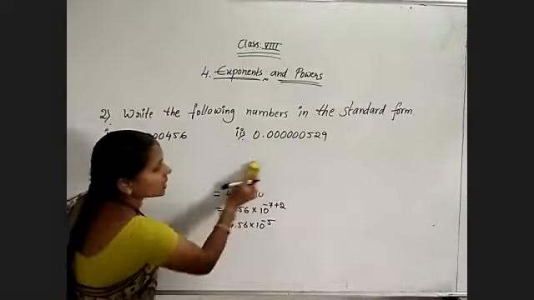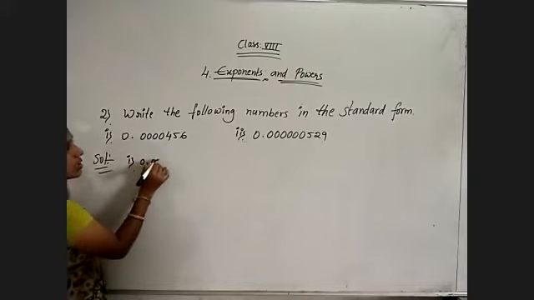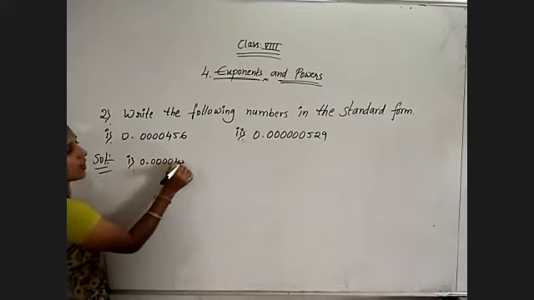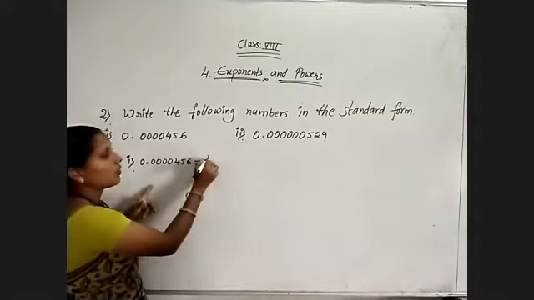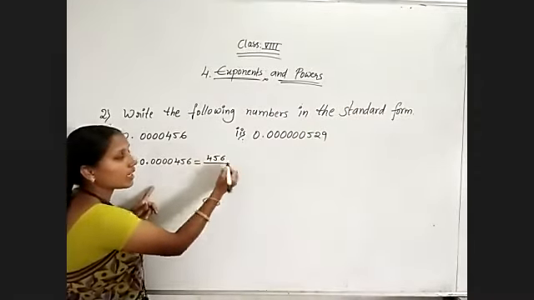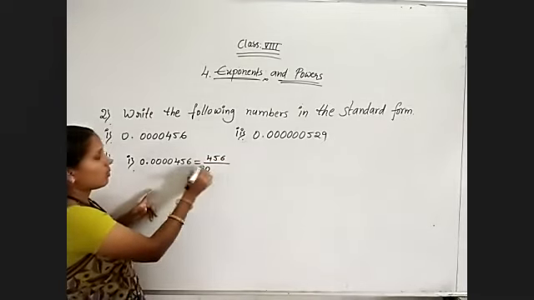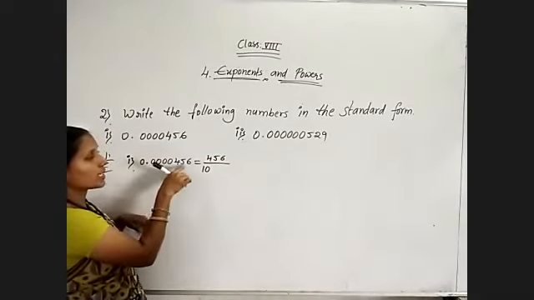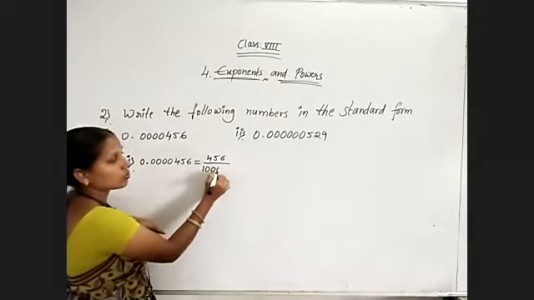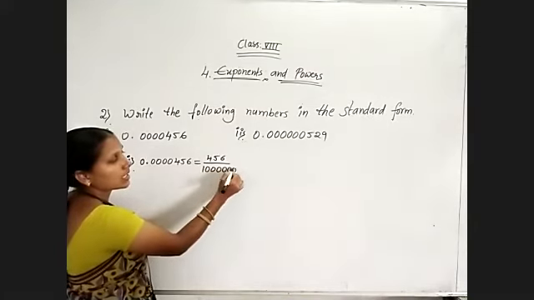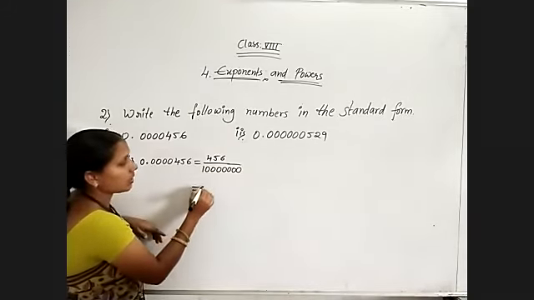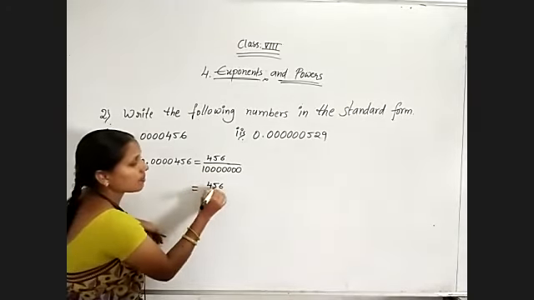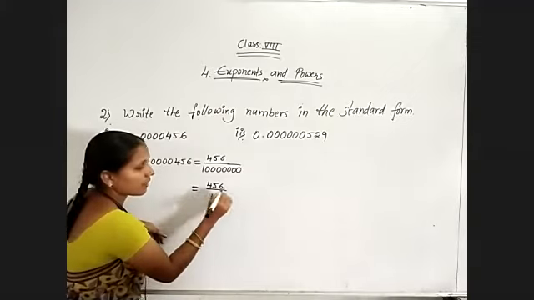So once again, observe the first question: 0.0000456 changed into fractional form. 456 by 10 to the power of 7, as there are 7 decimal digits, 7 zeros.